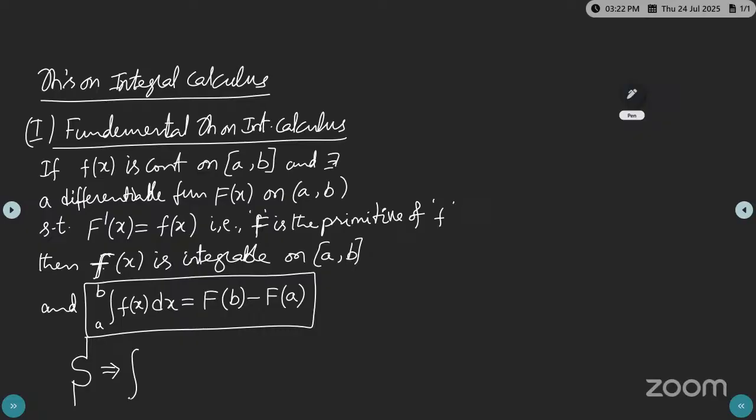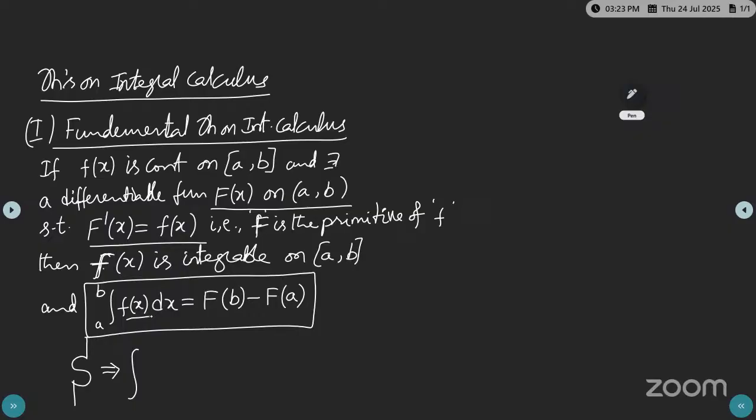Next, integration is an anti-derivative process. That is what we are saying here. When small f is continuous, there exists a differentiable function. Its derivative is small f of x, so in place of small f of x you can write capital F dash. Derivative and integral get cancelled.